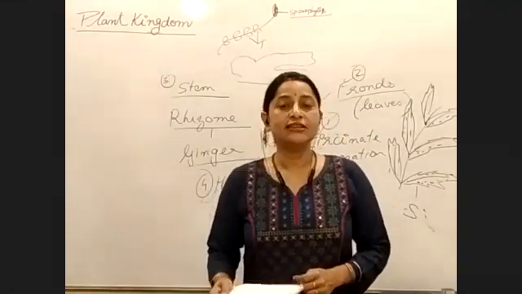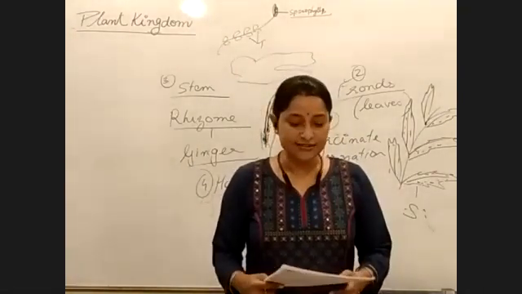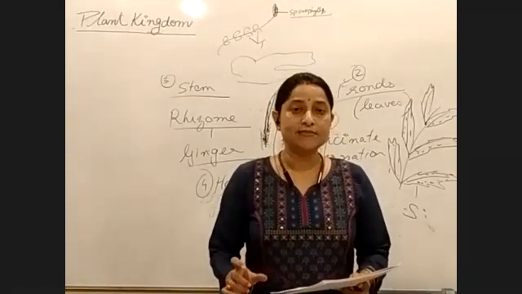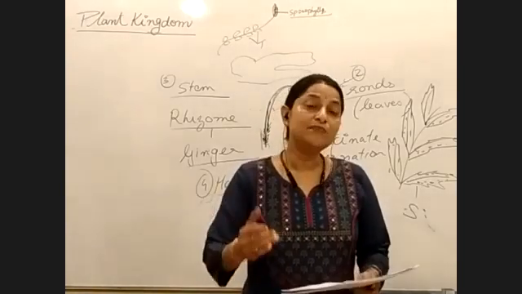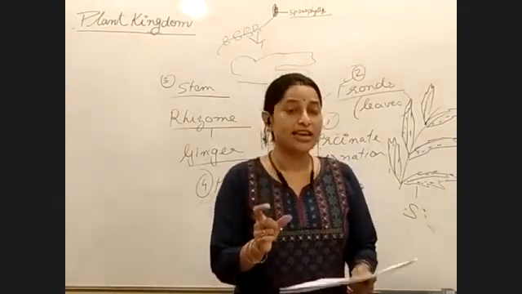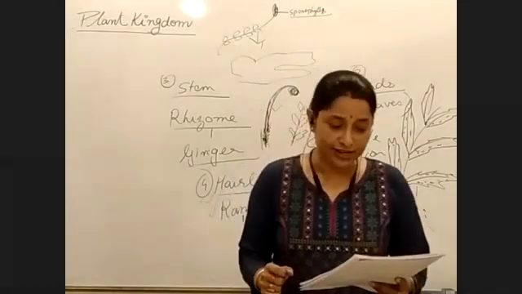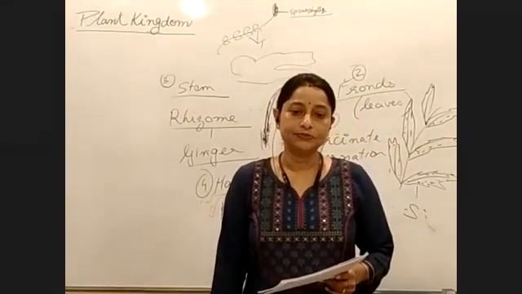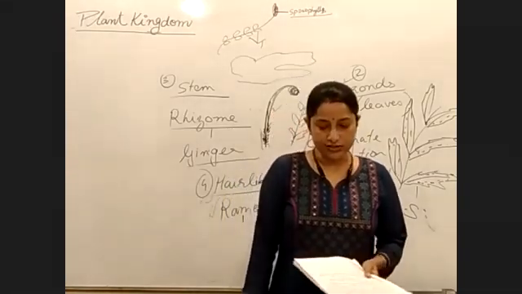Next, on the next page, there are certain examples of ferns given. Before that, the example of heterosporous is Marsilea, and another specific characteristic of ferns is the antherozoid. What is antherozoid?